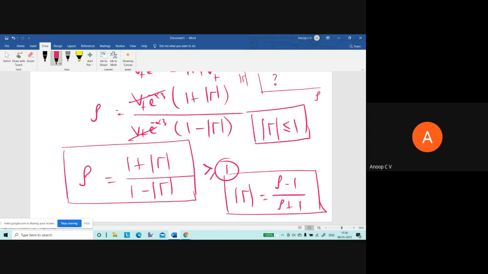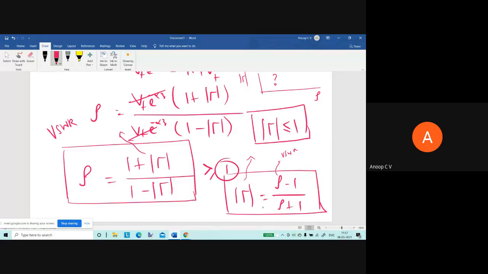I'll leave it as a question to you; you can look it up later. So this is the voltage standing wave ratio in terms of magnitude of gamma, and this is the reflection coefficient in terms of the voltage standing wave ratio. You will use this.